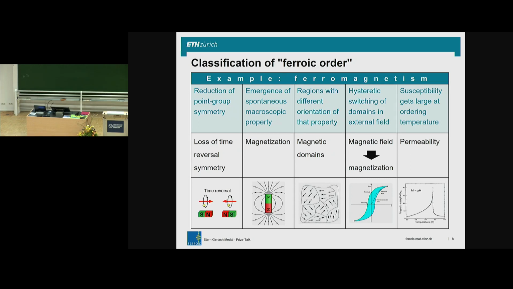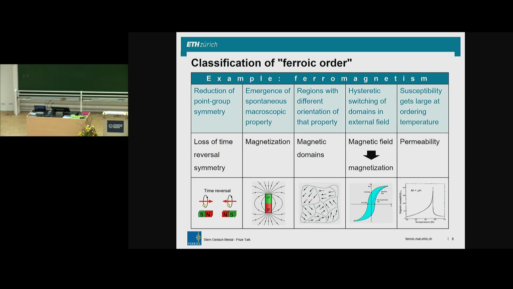Therefore, time reversal is not a symmetry operation. It's lost when a material orders ferromagnetically. You need to have some spontaneous property that emerges, in the case of the ferromagnetic state, the magnetization. You need to have different regions in a material where this spontaneous property has different orientations. Those are the ferromagnetic domains.